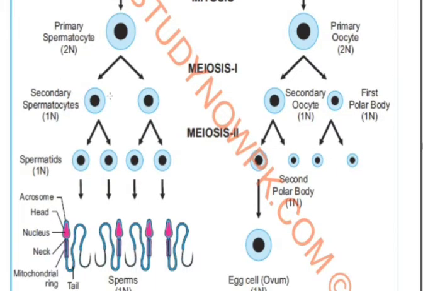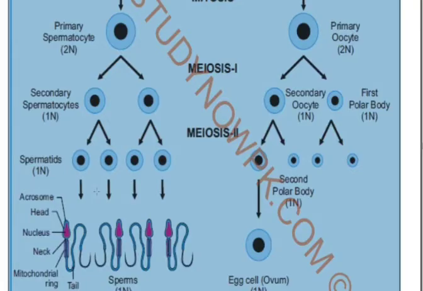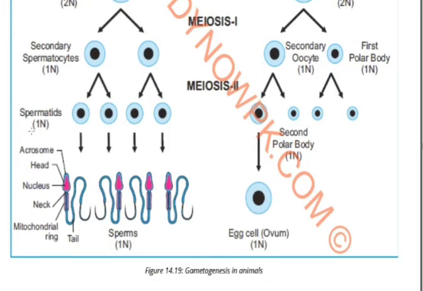Then, with the help of meiosis, it became haploid and it became secondary spermatocyte. Now it is in the form of spermatids, which is again haploid after the process of meiosis 2. And then, after some changes in the structure, now they are in the form of sperms, and they have what?